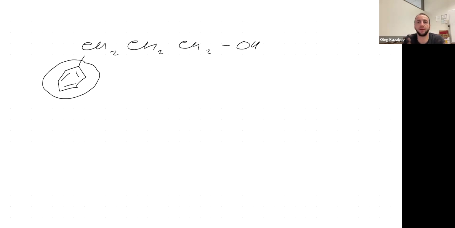Not phenol, but phenyl, P-H-E-N-Y-L, spelling wise. Then we have our hydroxy group, which is OH. When it's bound to the carbon in organic compounds, it's going to give rise to alcohols. So we have the alcohol with the substituent, and now let's try to name this compound.